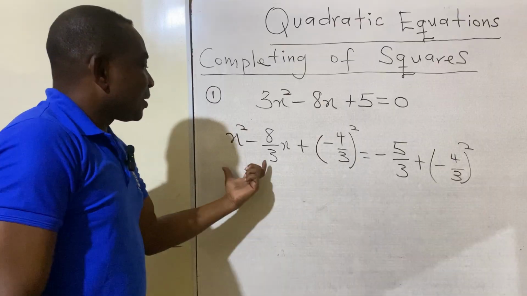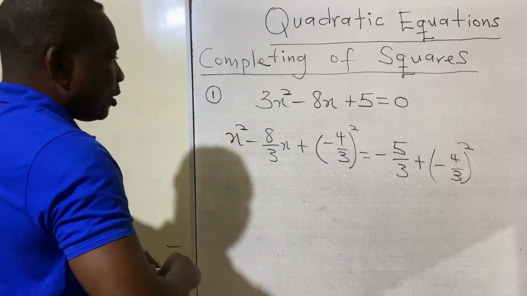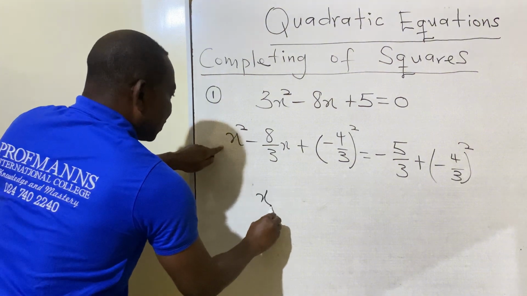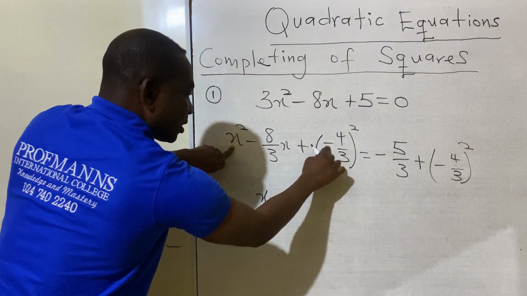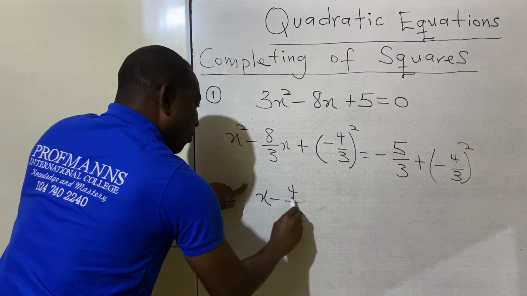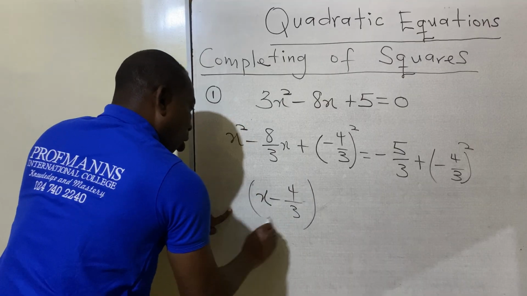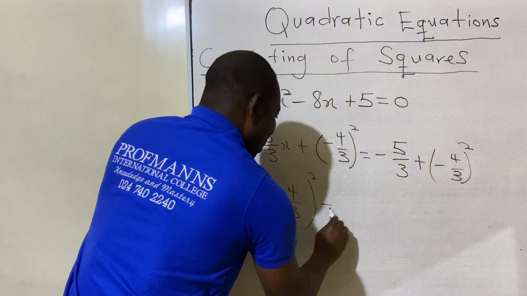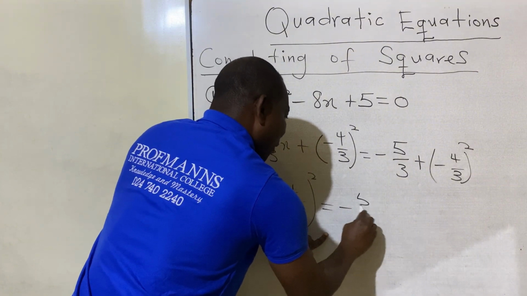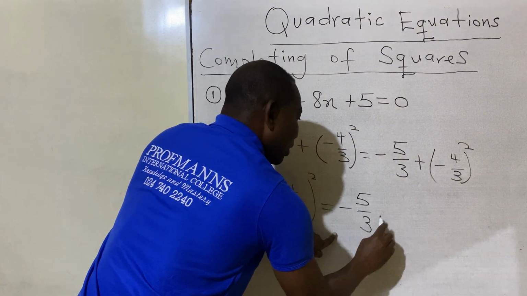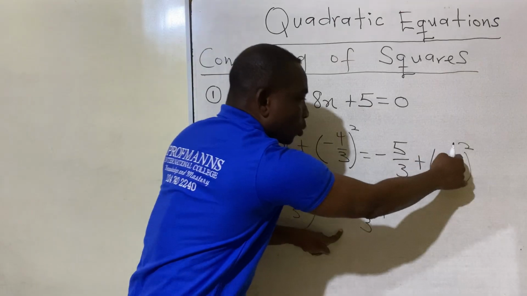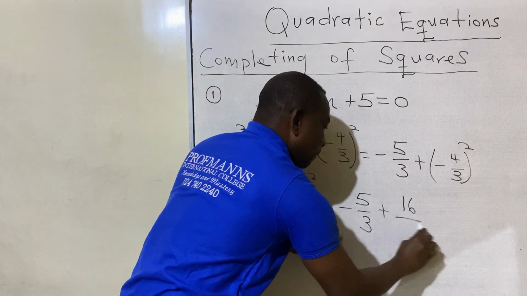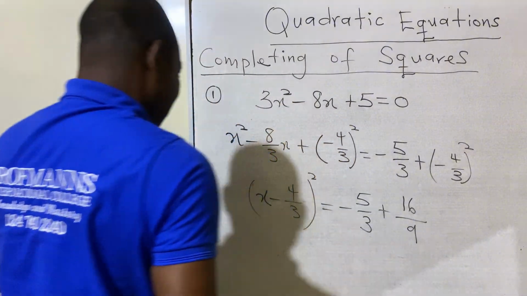This makes this a perfect square. So the perfect square for this will be x minus, because this is minus, 4 over 3 all squared. Because when you expand this, you get this, which is equal to minus 5 over 3 plus, now when we square this, it's going to give us positive 16 over 9.